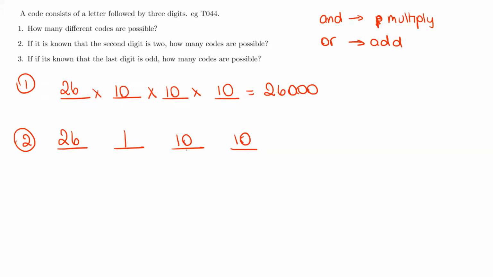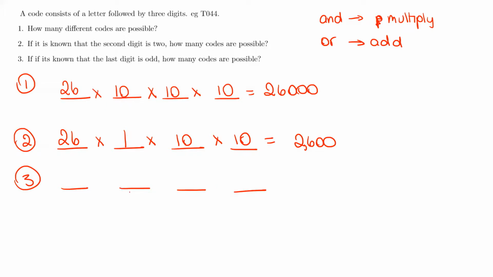I have 10 choices for the third, and I have 10 choices for the fourth. Again, I'm saying and in between each of them. So that means multiply them all out to get the combinations. So if we multiply all that out, we're going to get 2,600.